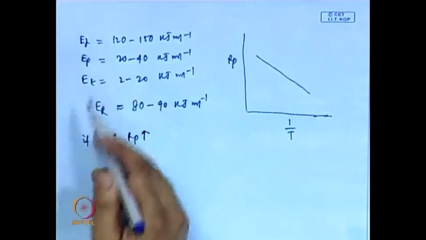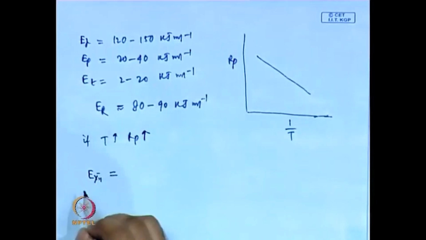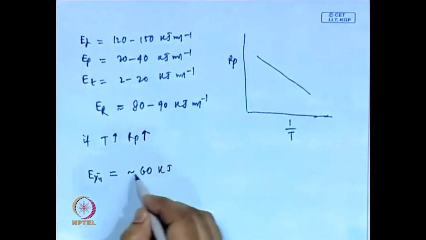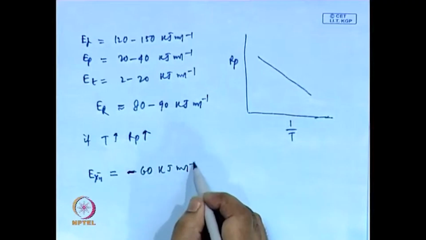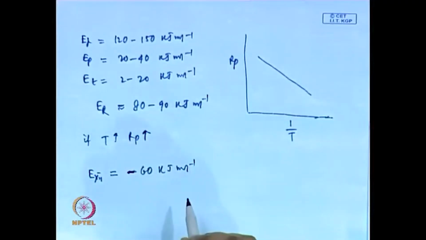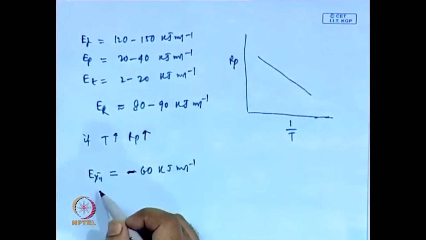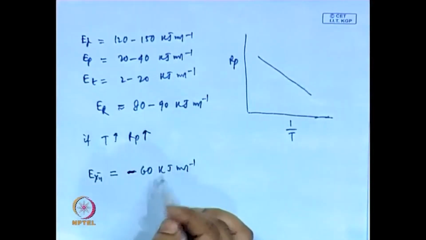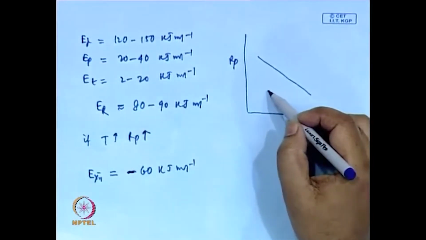Now, if you calculate the number for Exn, you get around minus 60 kilojoule per mole, which means that the average degrees of polymerization or the molecular weight will come down as we increase the temperature.